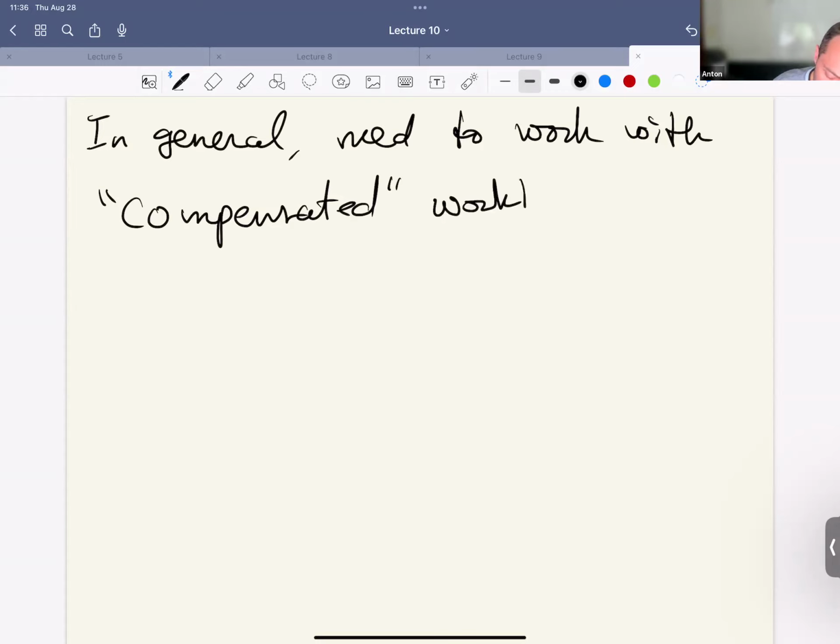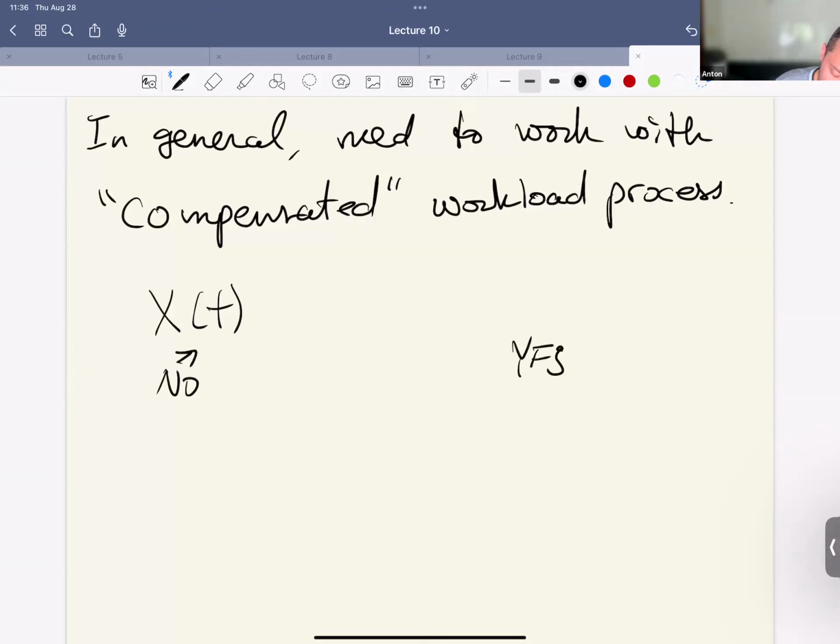Workload process. And that is not just x of t, but we have x of t at an arrival.